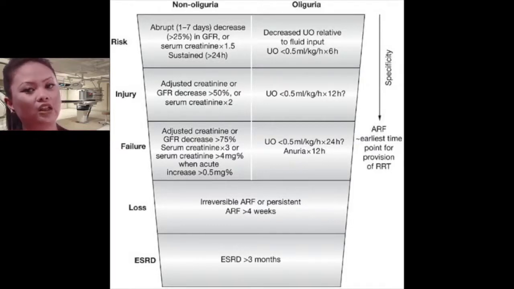RIFLE Class L, or loss of kidney function, occurs when complete loss of kidney function has been present for more than 4 weeks. RIFLE Class E, end-stage kidney disease, represents loss of kidney function for more than 3 months. Note: a patient can fulfill the criteria through changes in the serum creatinine or changes in the urine output, or both.